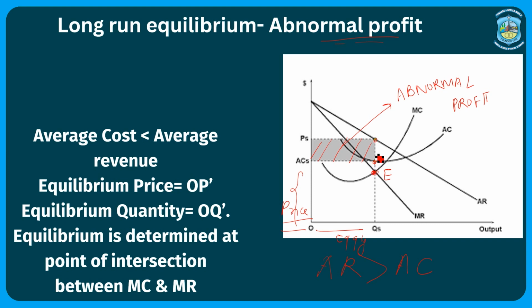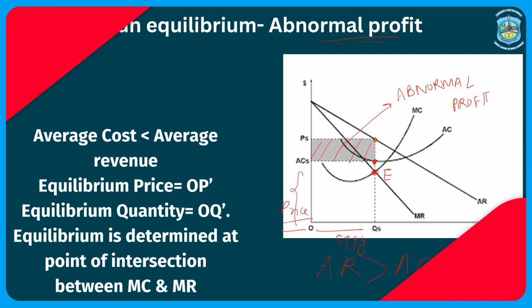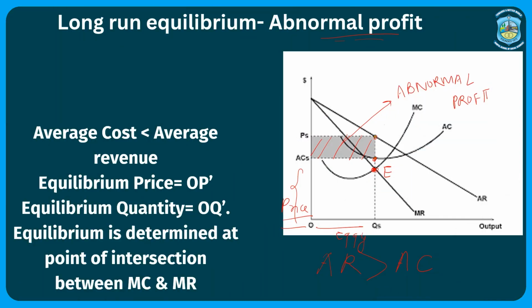Now when this intersection is extended to the average revenue curve and the average cost also intersects, at this point the shaded region represents the abnormal profit, which is represented by PRSZ.